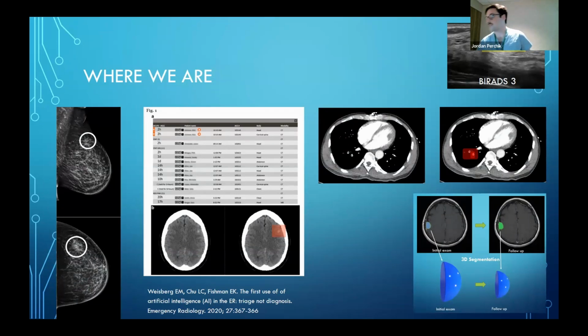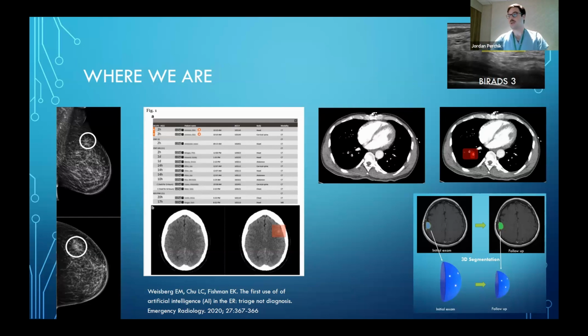We have a sampler platter here of a couple of examples that are currently in clinical practice. On the far left, we have a computer-aided detection tool, abbreviated CAD, that is highlighting a breast cancer on a mammogram. We have an example of an application that highlights an intracranial hemorrhage and is also integrated with the work list. It brings these positive studies up the work list for earlier interpretation and hopefully earlier treatment.